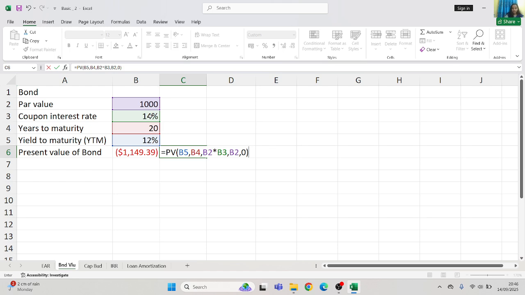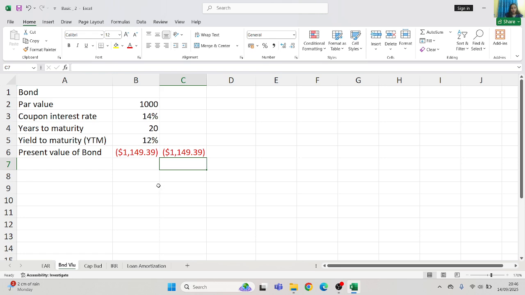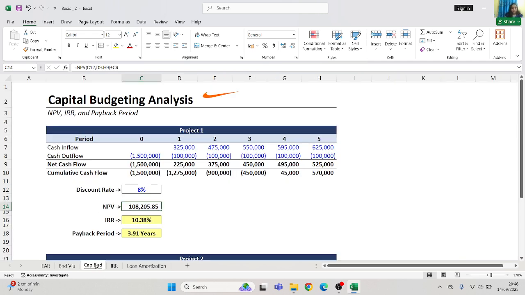Now we press enter. Here is our present value of bond. Now we find the NPV, IRR, payback period.